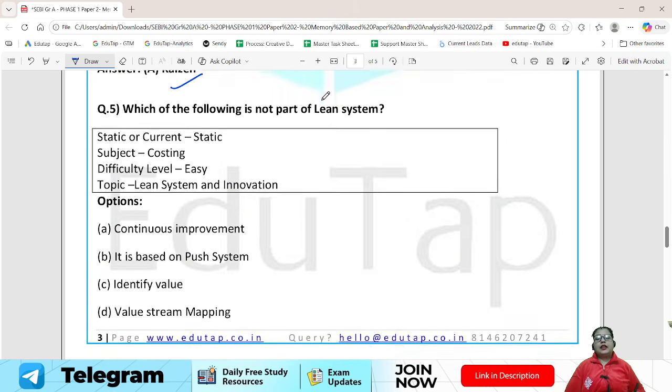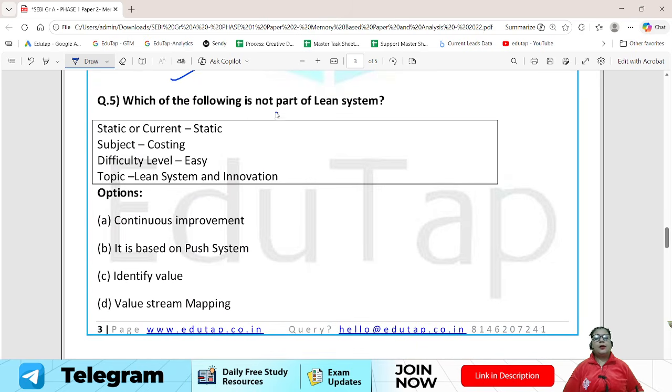Then which of the following is not a part of lean system? Again, lean is a Japanese system, so they are asking which is not a part of it.